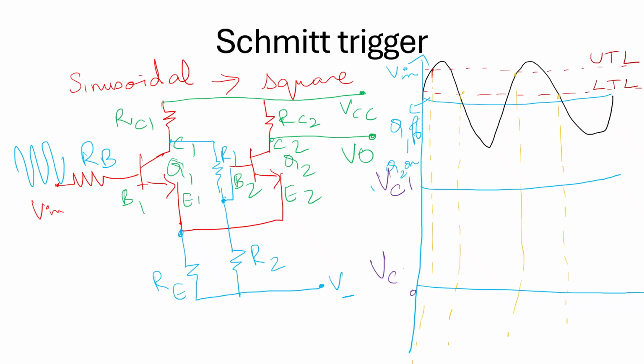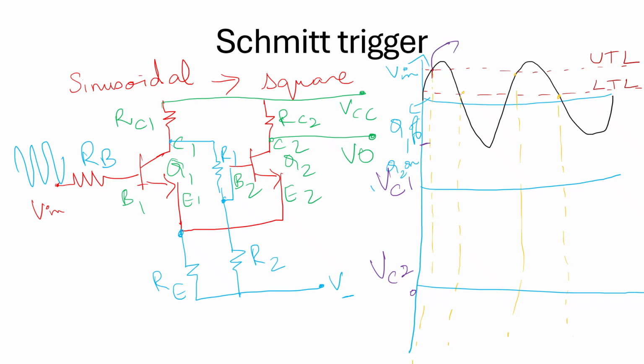Let this axis be the output showing VC2. So initially, Q1 is in off condition and Q2 is on condition. When Q1 is off, maximum output voltage is obtained at VC1.